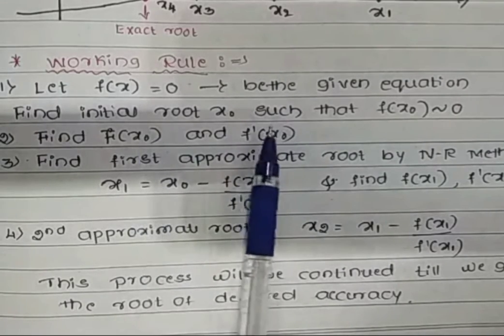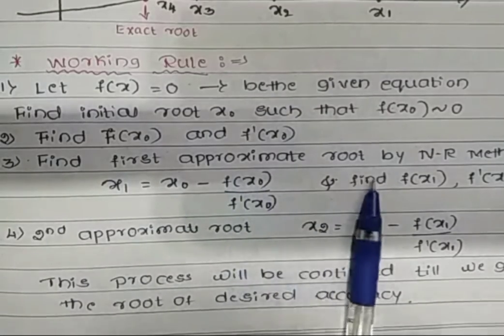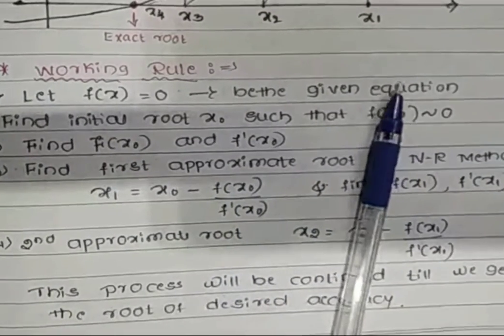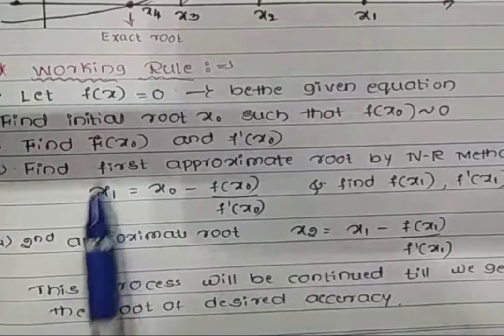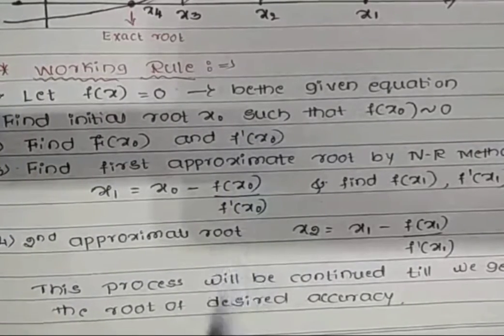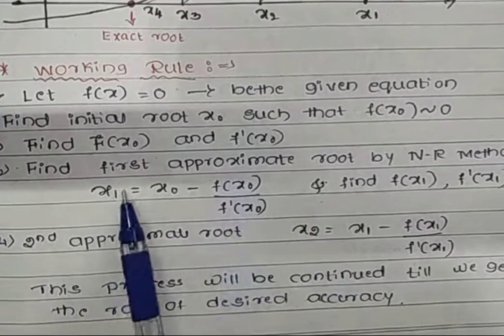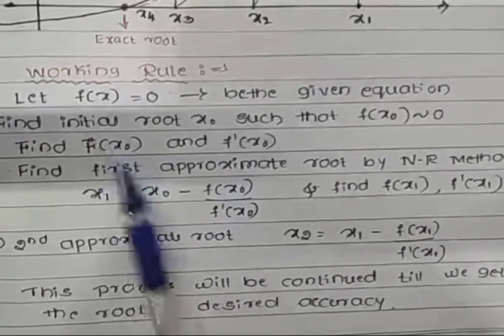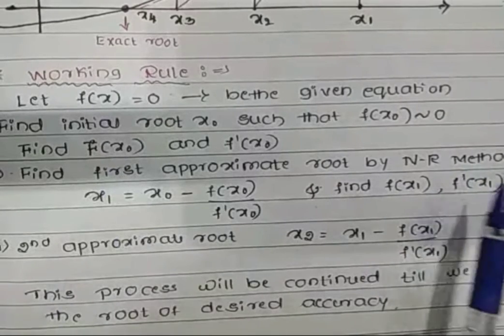Then after calculation of these two values, we have to find the first approximate root by using the Newton-Raphson method, that is using this equation, x1 is equal to x naught minus f of x naught divided by f dash of x naught. Then once we calculate x1, again we have to find f of x1 and also f dash of x1.